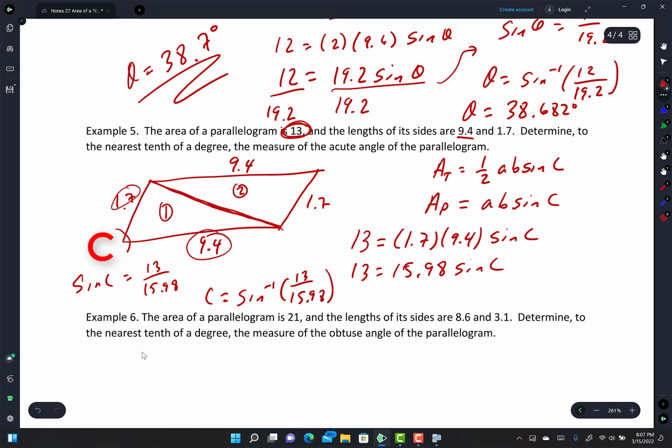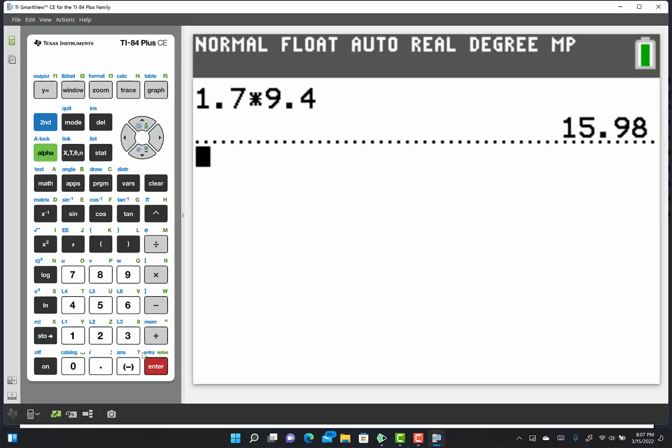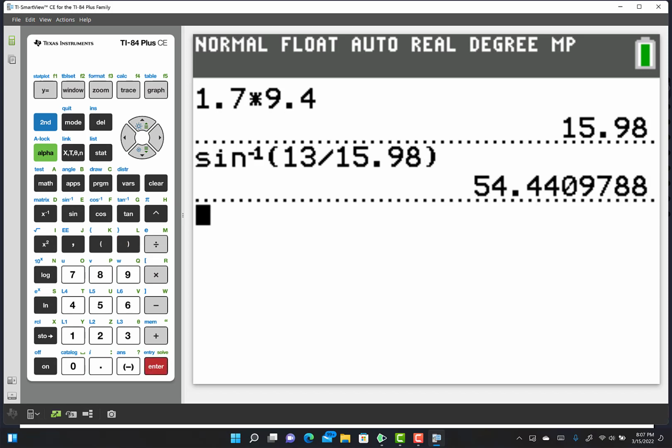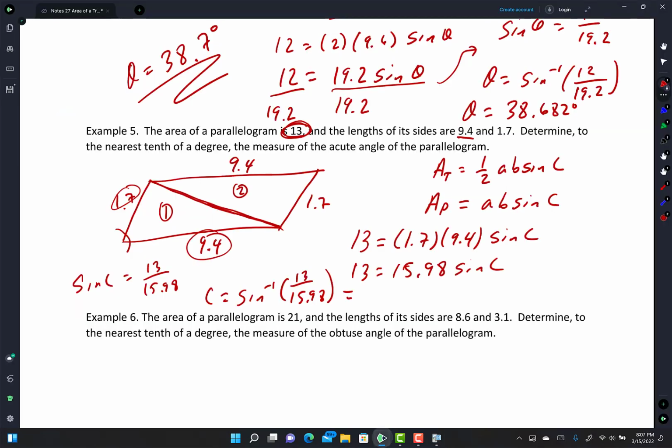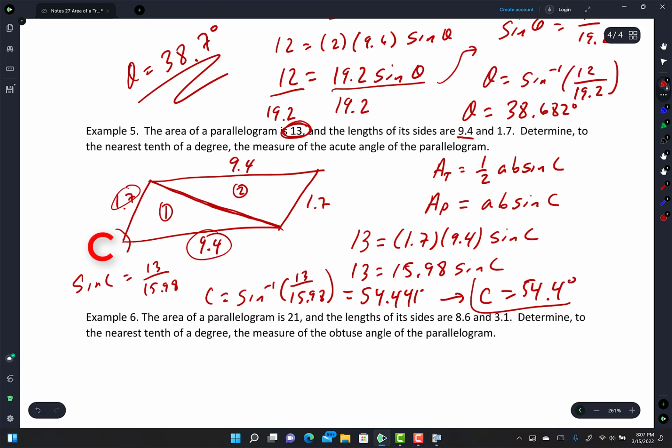And when I do that, let's see, what do we get? 54.441 degrees. So angle C is equal, to the nearest tenth, to 54.4 degrees. So there it is, guys.